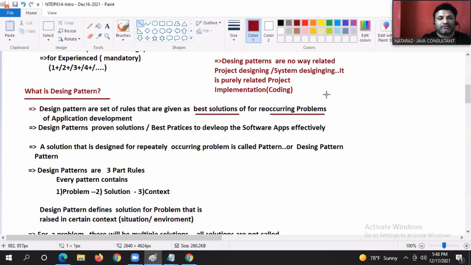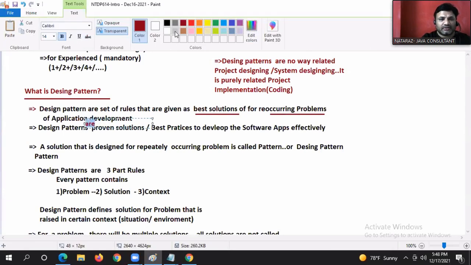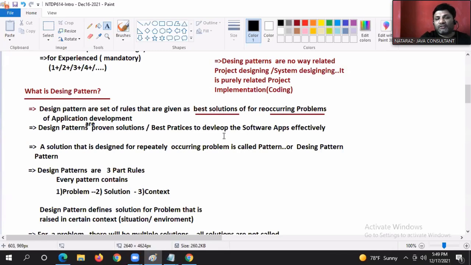Design patterns are proven solutions or best practices to develop software applications effectively. A solution designed for a repeatedly occurring problem is called a pattern or design pattern.